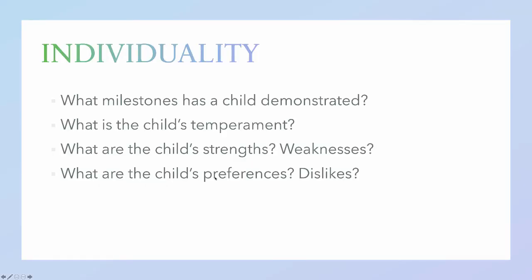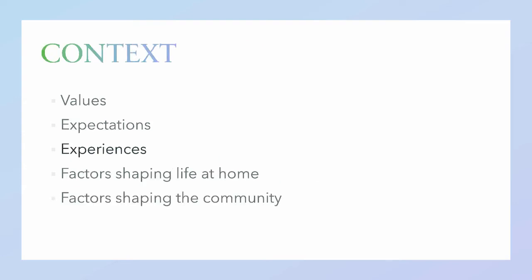We also know that individuality is referring to the milestones a child has demonstrated, the child's temperament, the child's own weaknesses and strengths, the child's preferences and dislikes. We're looking at the individual. And then we have that context, the culture of the child.